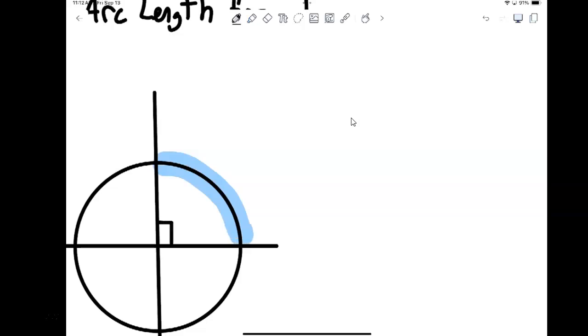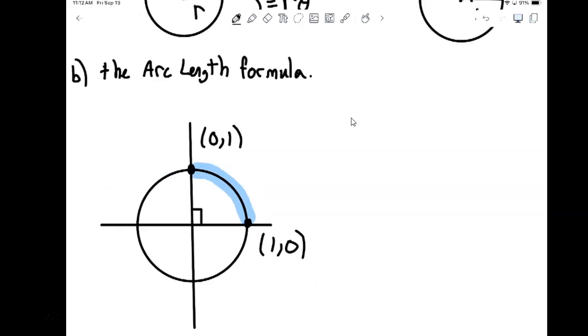That's going to be running from the point here at 0, 1, to the point here at 1, 0. So what we need is to be able to talk about the derivative of this curve. Now, we don't have to do the whole circle. Just need the part that contains the arc that we're worried about, which in this case is this piece right here in the first quadrant.